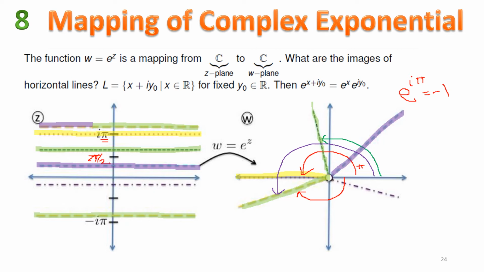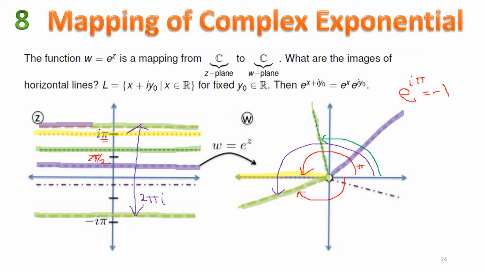And here I want to mention that if you locate the interval between these two lines, this is 2 pi I. So this also represents that the function is periodic, and the period is 2 pi I.